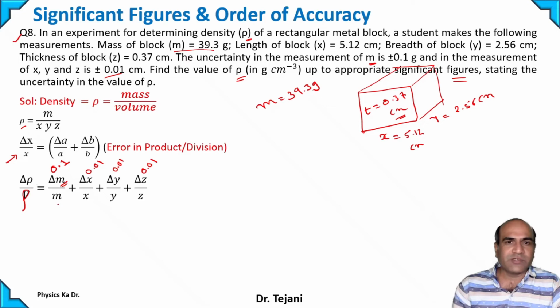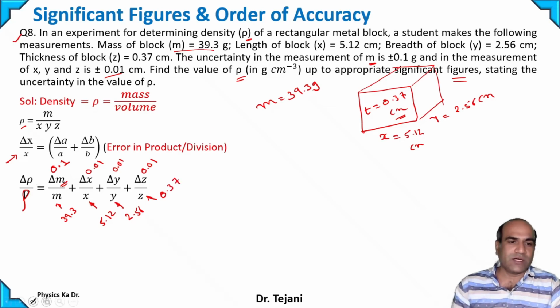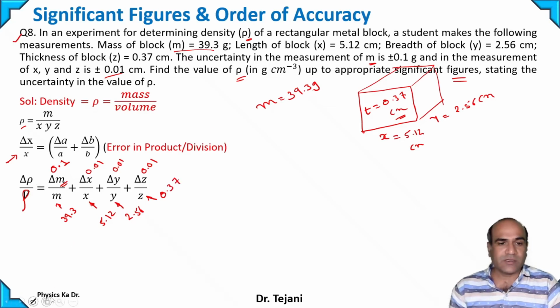Do we have the original dimensions? Yes, the mass is 39.3. We have x as 5.12, y as 2.56, and z as 0.37. Great, we have all the values.